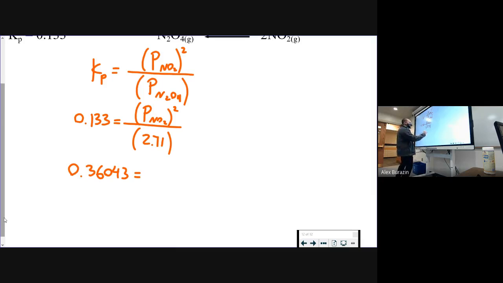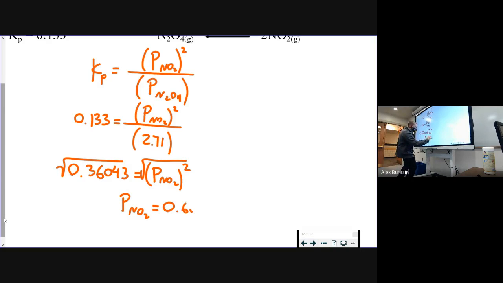This equals my x squared. So now I square root that, and I get a partial pressure of NO2 equal to 0.600 atmospheres.